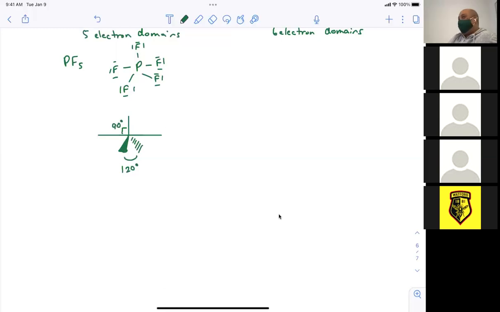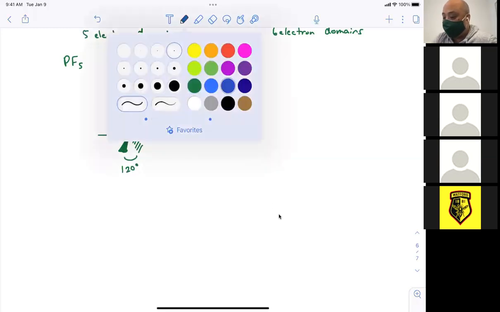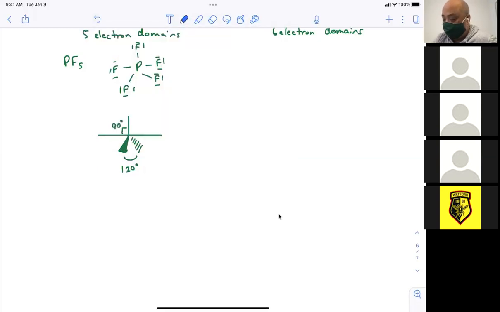Now the shape, that's a little bit tricky. What you have to imagine for the shape is that imagine these points coming to a point like this. What shape is that blue shape that's given right there? Pyramid.